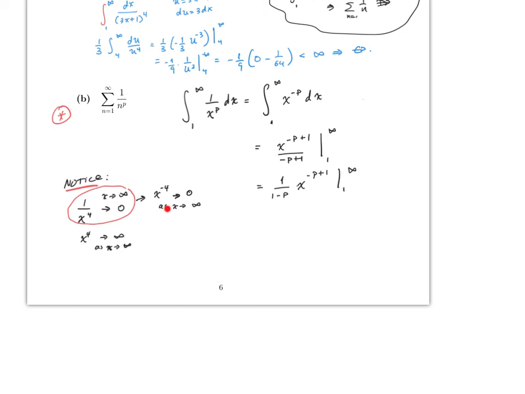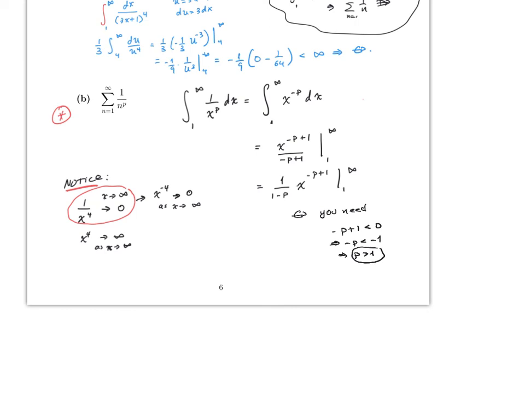Okay, so again, this is the same thing. The condition is that the exponent here has to be negative. So therefore, if you want this to be convergent, then you need minus p plus 1 to be negative, which means minus p has to be less than negative 1, or p has to be more than 1.